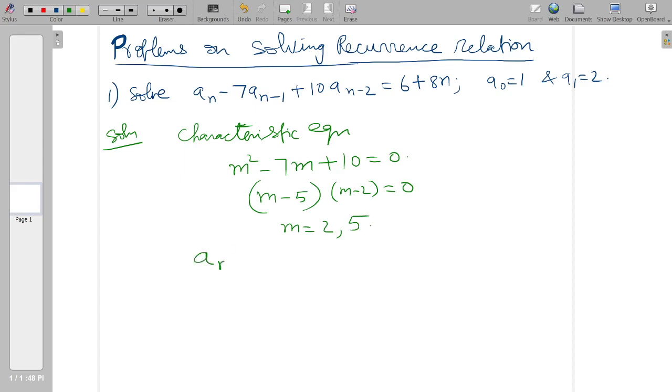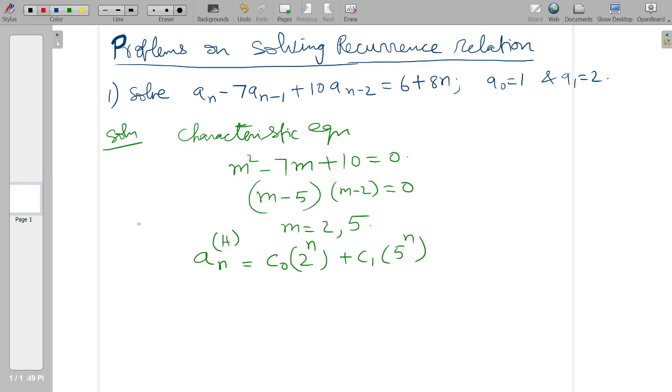So in this case, the solution with respect to the homogeneous equation: you have to equate the right hand side to be 0. So this will be c0 into 2 power n plus c1 into 5 power n.